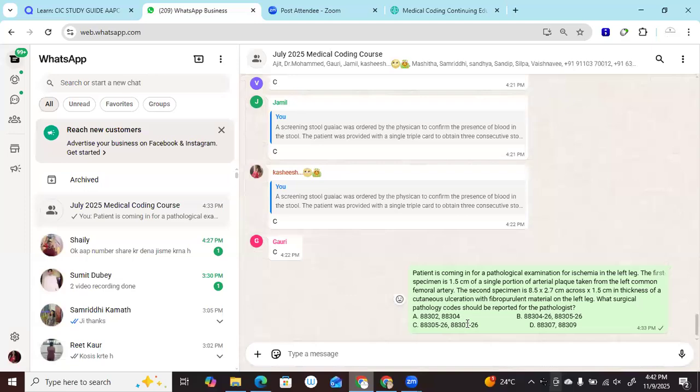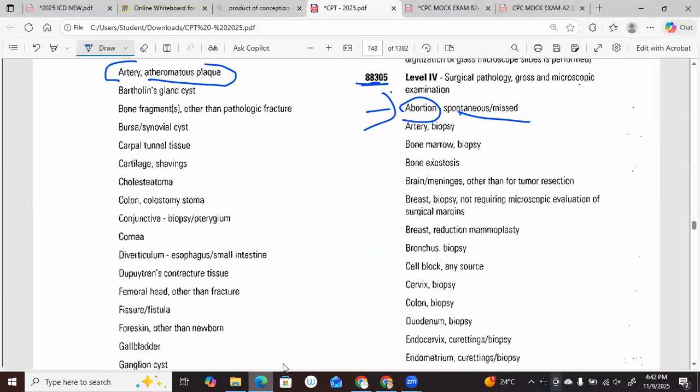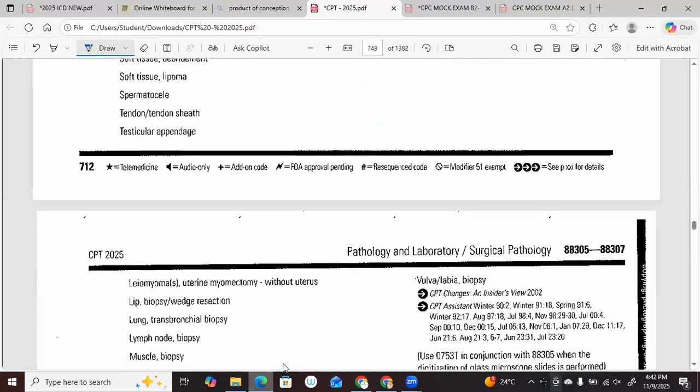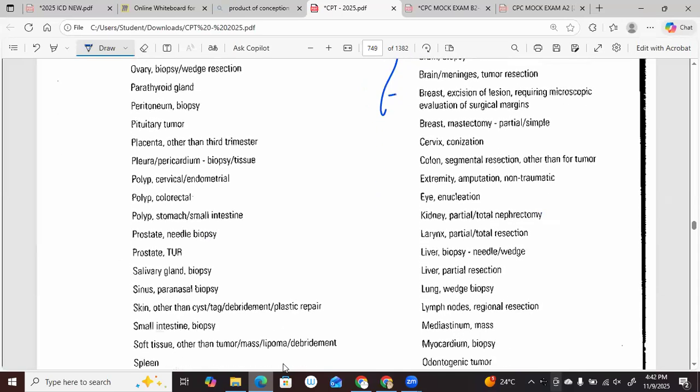Now let's see the difference between B and C. For artery, we have option 304. Sorry, in 88305, we do have artery, but this is a biopsy, so we are not going to use this code. Let me see if we have a skin here. Yes, we do have a skin here, which is other than cyst tag debridement because it's an ulceration.